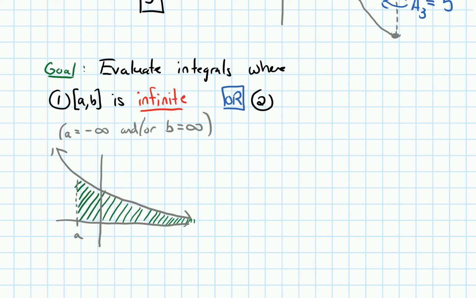Sometimes we're going to be interested in finding how big this area is. It turns out sometimes areas like this, even though this is an infinitely long region, end up having finite areas, which is really bizarre. We'll see an example of that in the next video.